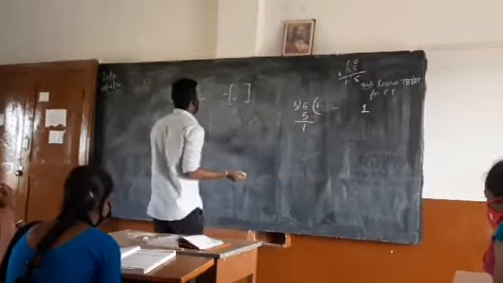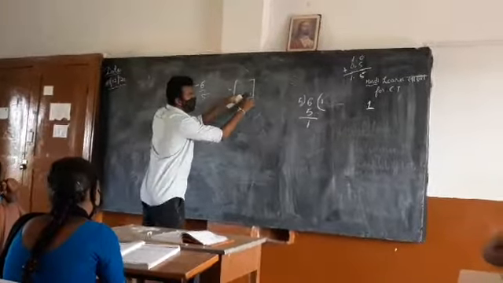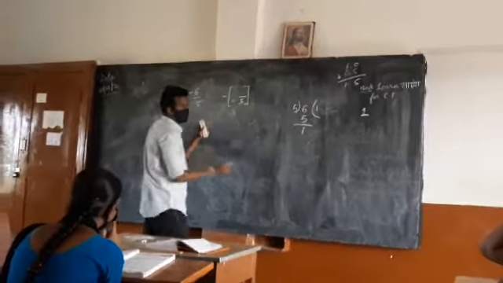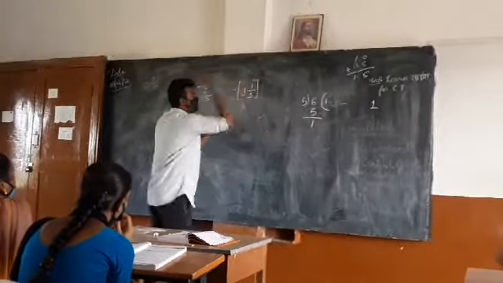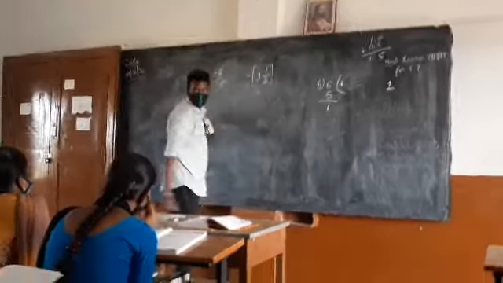Very good. So the mixed fraction has the same denominator. The divisor goes down, the quotient goes to the side. Understood? Minus 1 1 by 5.